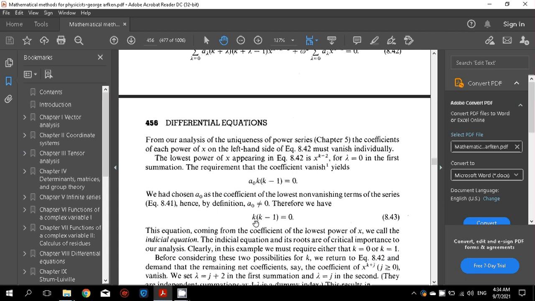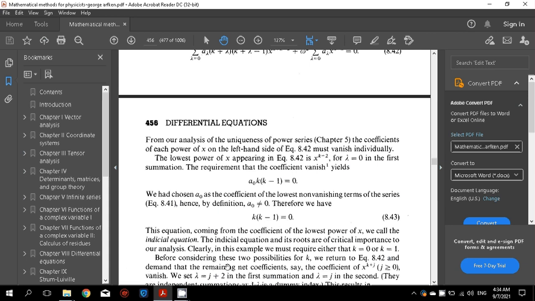The first value is k equal to 0, and the second value is k equal to 1. These two values of k will furnish the two solutions of our differential equation, because it is a second order differential equation, so there must be two solutions. The first solution will be obtained by using k equal to 0 in the series method, and the second by putting k equal to 1.